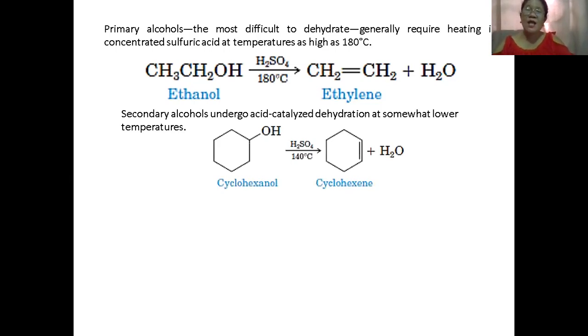We have cyclohexanol with the same catalyst, sulfuric acid, but our temperature here is 140 instead of 180. The OH is removed, then one hydrogen is removed, and it forms a cycloalkene, cyclohexene plus water.